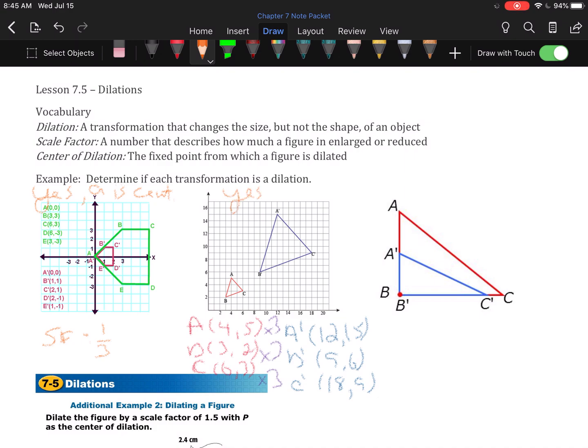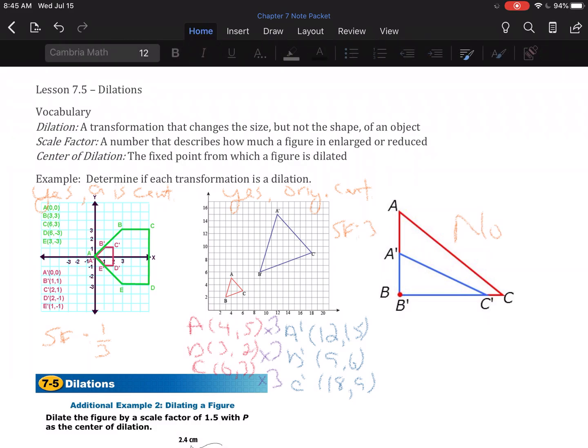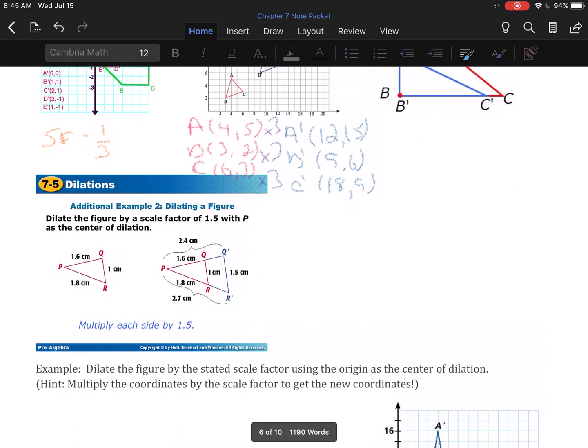Second guy, yes, the origin was the center, because all of the ordered pairs changed by the same value. And that scale factor, that value they changed by, was 3. And this last one is not a dilation because the triangles aren't the same.